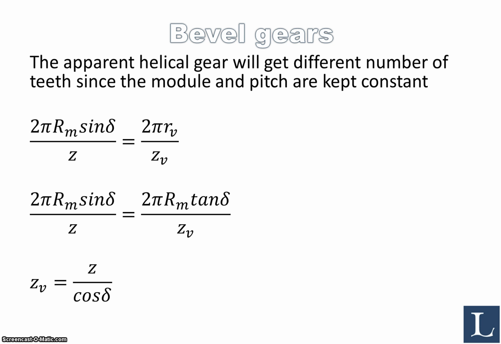So we calculate Zv, which is the apparent number of teeth, based on these equations, where we set 2 pi Rm sine of the pitch angle over the number of teeth, where Rm is the radius to the center of the gear, equal to 2 pi Rv over Zv. This can then be simplified down to Zv equals the number of teeth divided by cosine of the pitch angle.